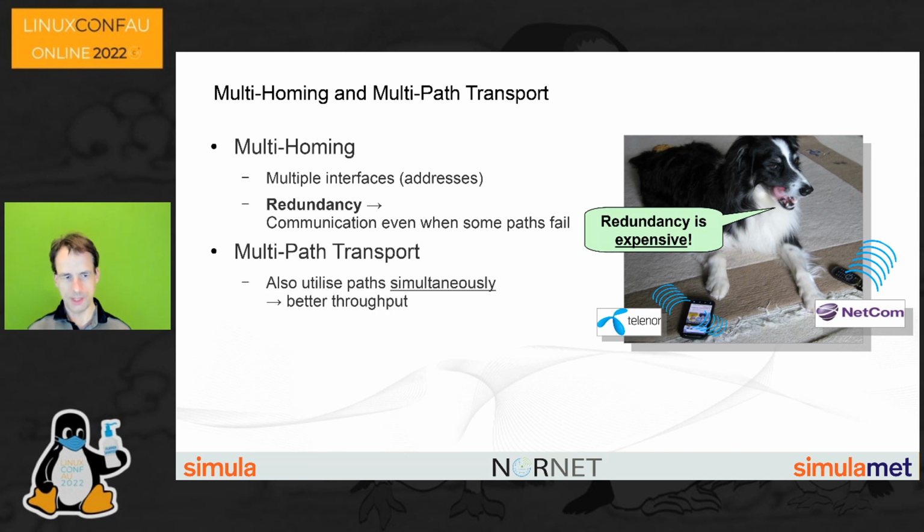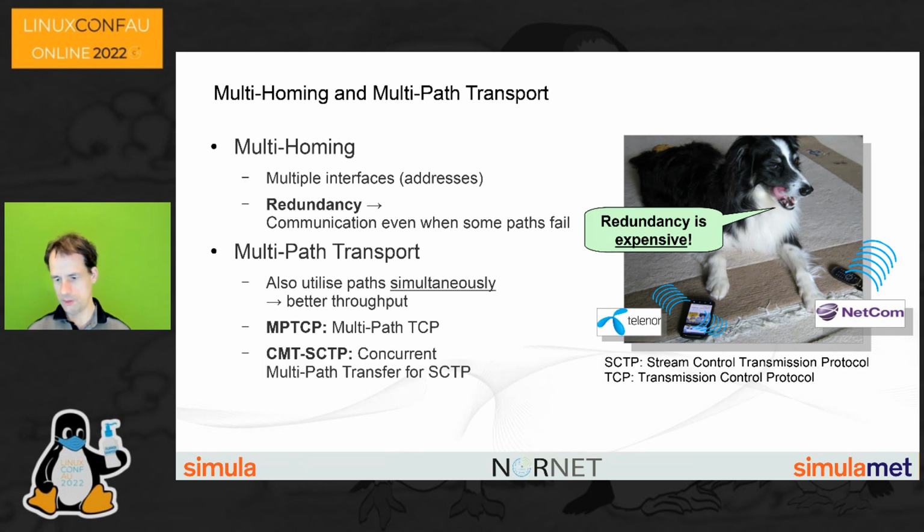There is the possibility to do multipath transport. If you have two ISP connections, why not just utilizing them both simultaneously? Then at least if everything is okay, usually you get higher bandwidth. This is of course nice. So with classical TCP communication, it's established between two IPv4 addresses. This does not work, but there is an extension, multipath TCP, which supports multi-homing and particularly multipath transport, and then it works.